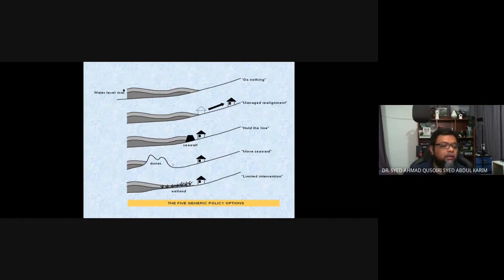So by doing that, we are having a bit more space. And lastly, by limited intervention, usually this involves a bit of soft engineering aspects so that the floods that come in from the waves are more bearable, okay, manageable.